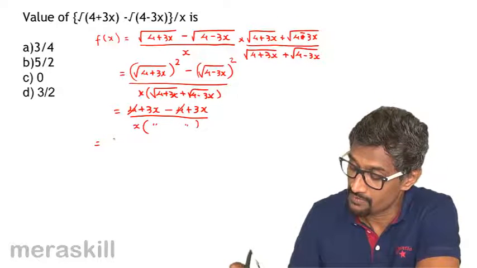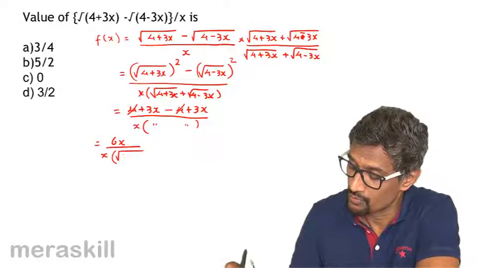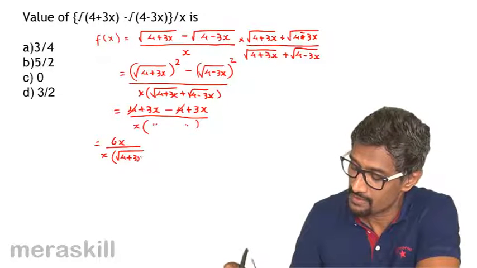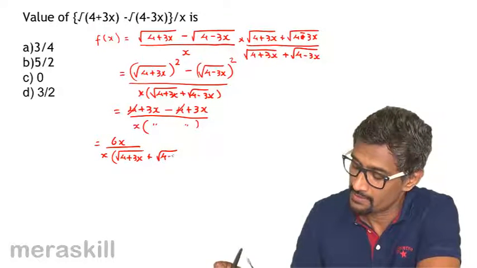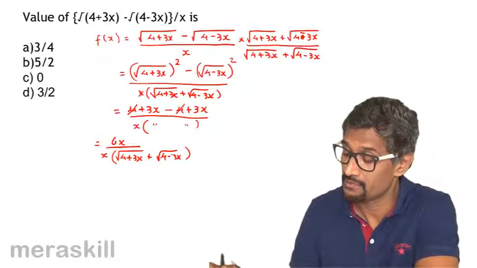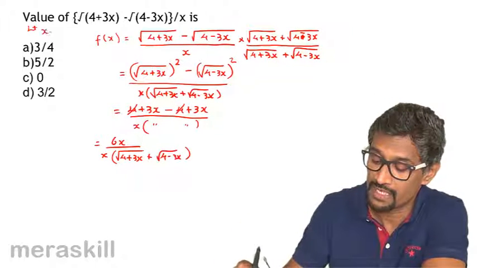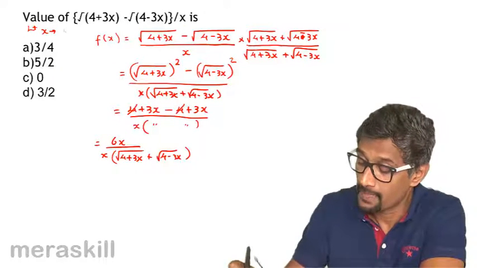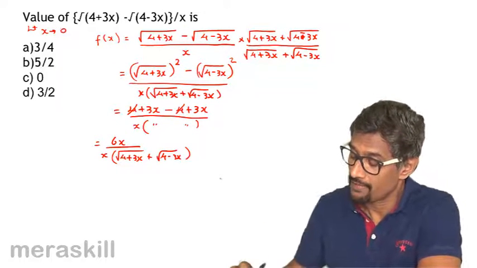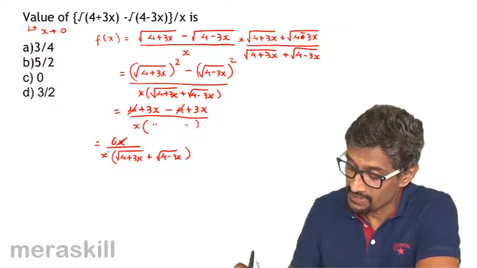This will now become 6x upon x into root 4 plus 3x plus root 4 minus 3x. Again, this is indeterminate because x is here, we need to mention limit as x approaches 0. So this of course gets cancelled.